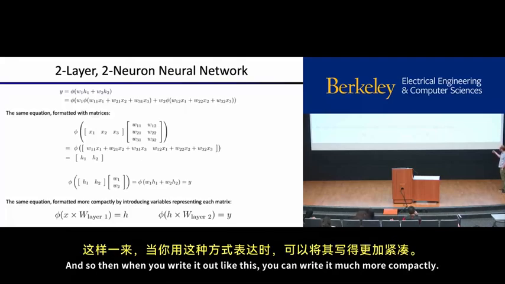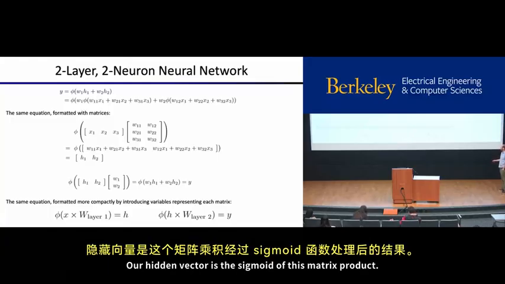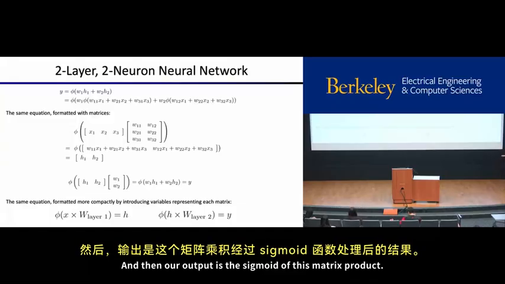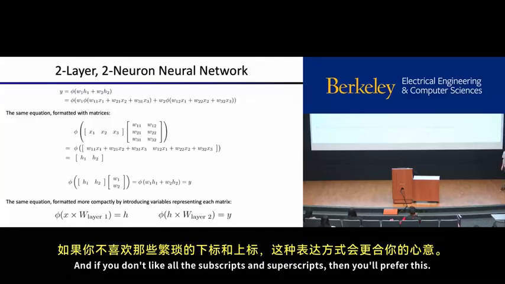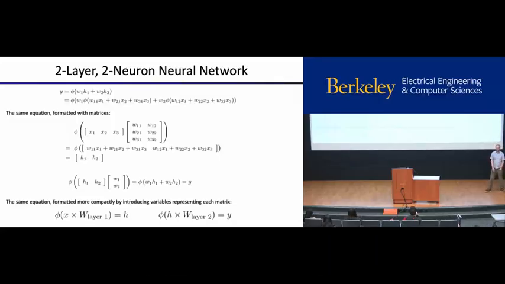When you write it out like this, you can write it much more compactly. Now we have our input vector and a matrix of weights. Our hidden vector is the sigmoid of this matrix product, and our output is the sigmoid of this matrix product. If you don't like all the subscripts and superscripts, then you'll prefer this. If you don't like matrices, then you'll prefer that.